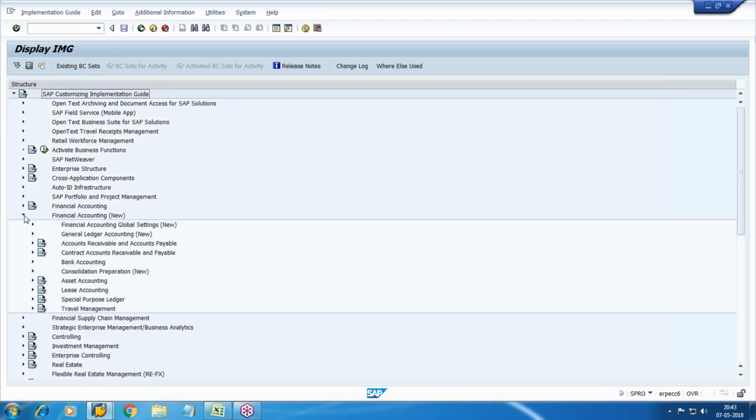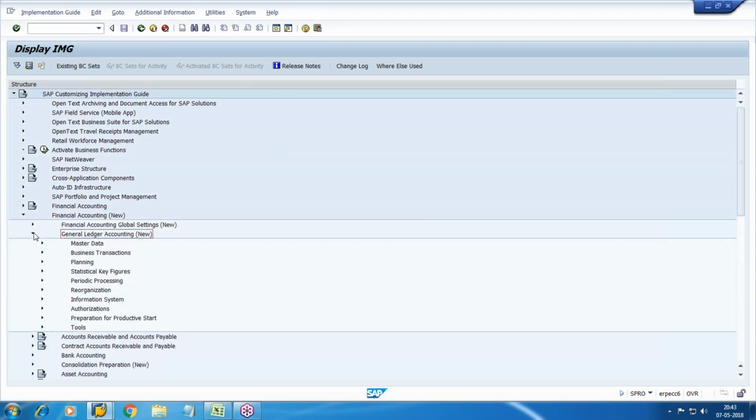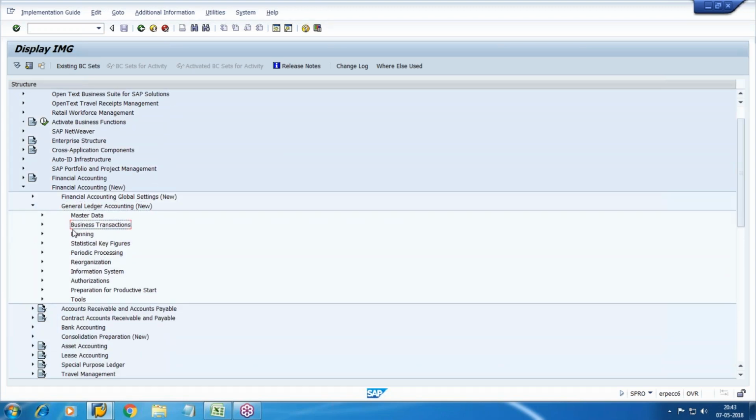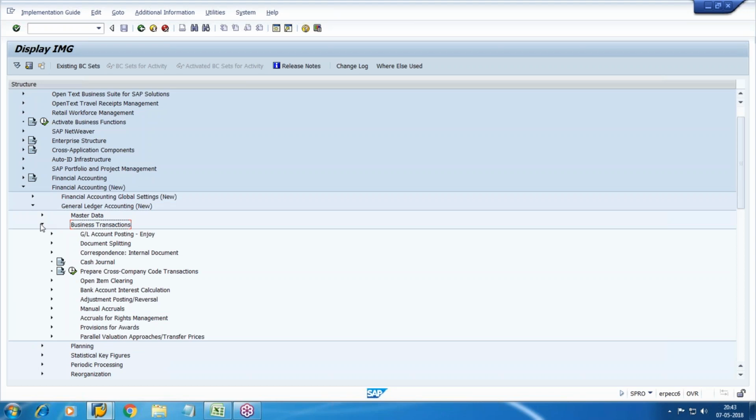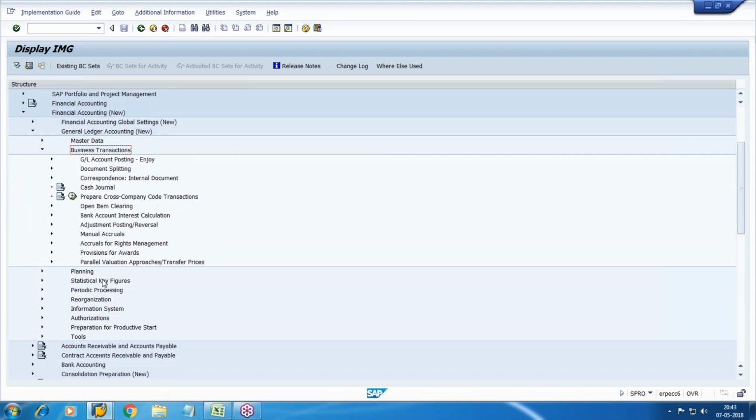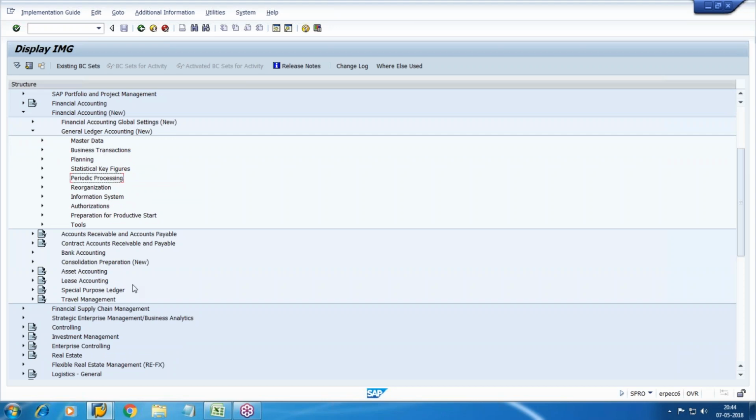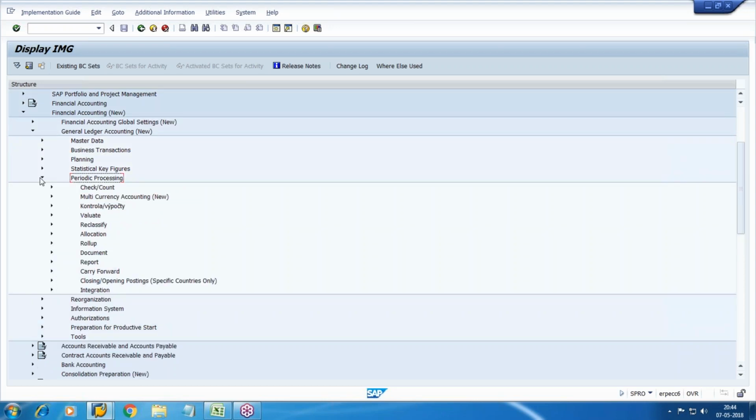Financial accounting. Go to business transaction. It's there in the periodic processing.